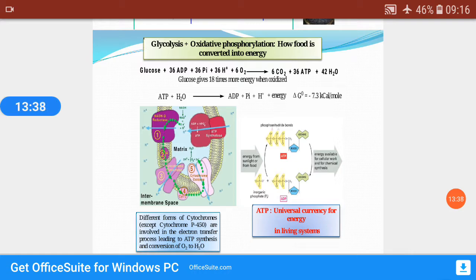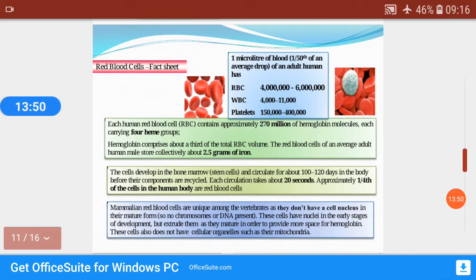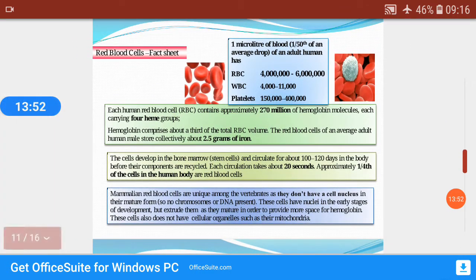And this is how the glucose gives 18 times more energy when oxidized, okay, compared to other types of chemical processes.